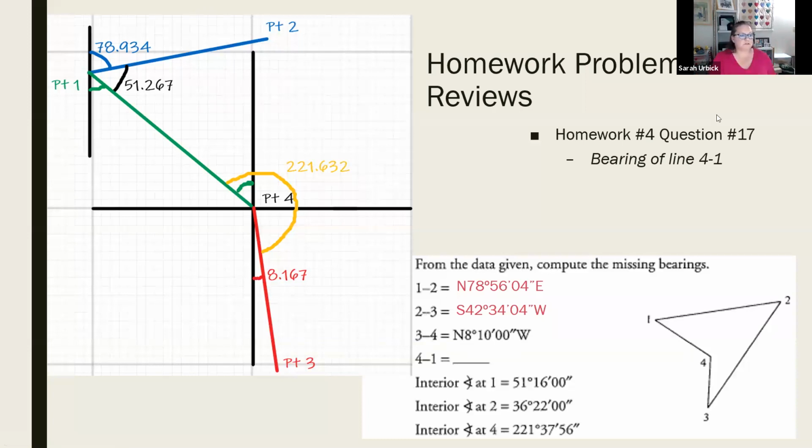I've just got that one little section here blown up a little bit bigger. We also know that our interior angle at 4 is 221 degrees. That was also a given. So what we're looking for here is our interior angle, our green angle here.